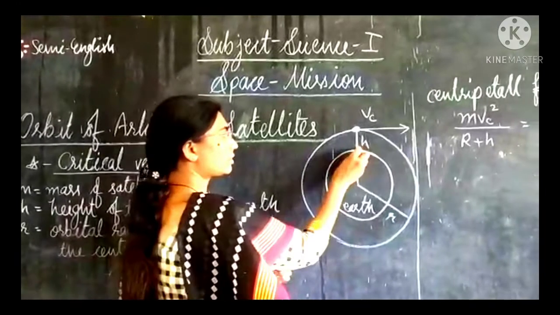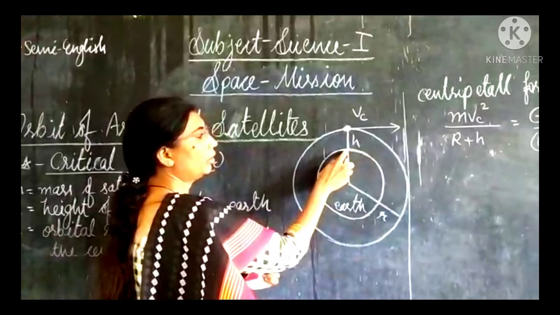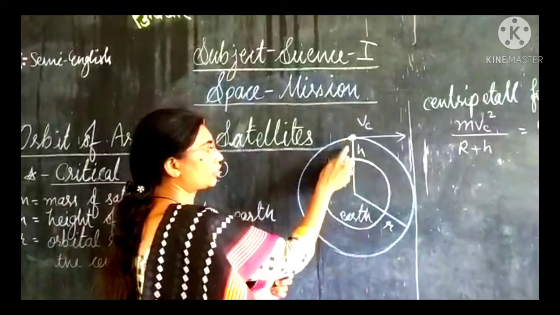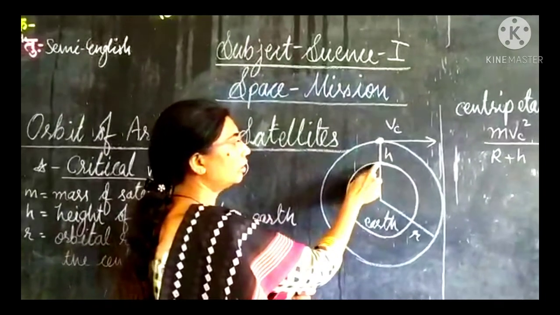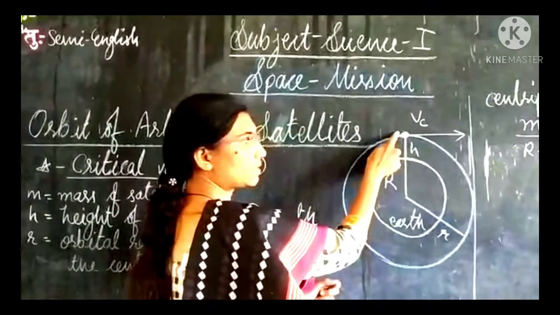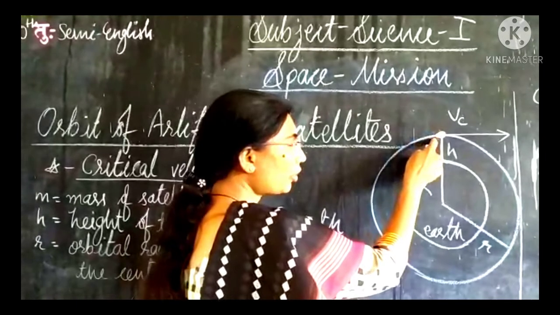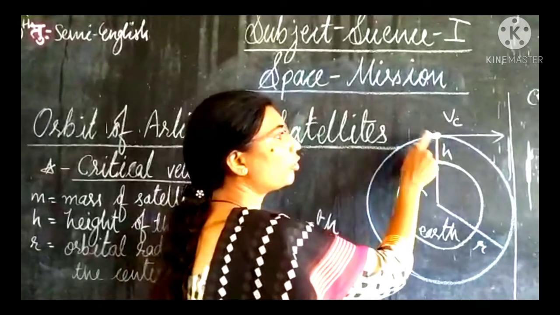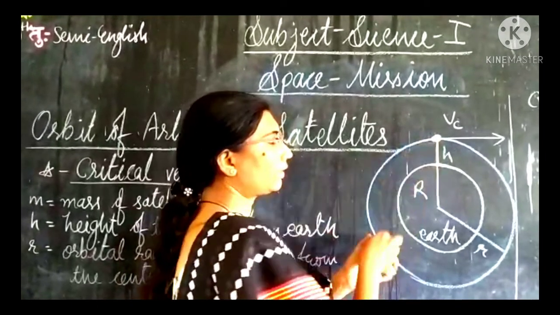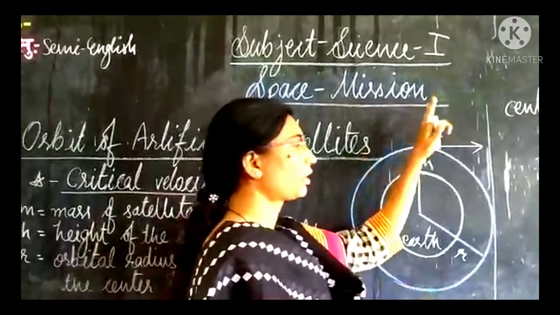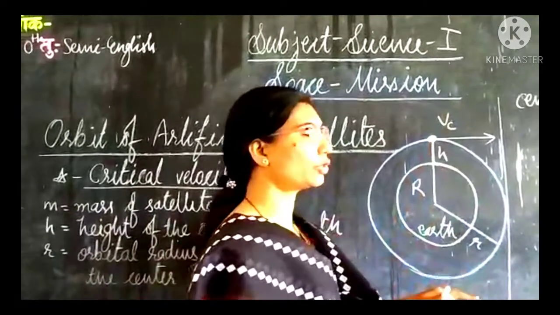Now, this is the surface of the Earth. From here, with the help of the launching pad, we used to launch the satellite at certain height. When the satellite reaches this height, at this point we have to provide a velocity to this satellite, and that velocity is vc. For that, let's see the derivation.